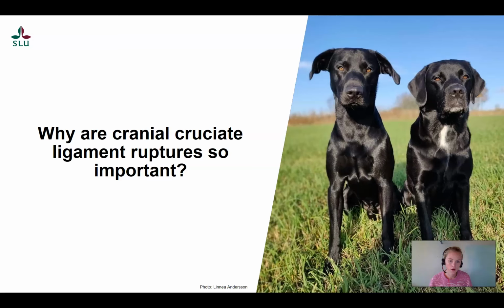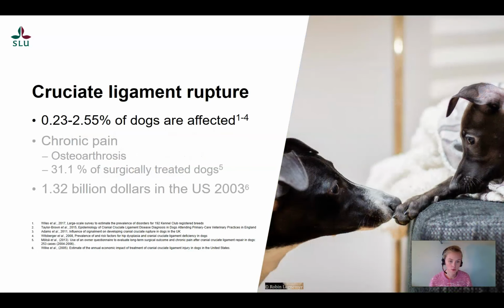So, why are cranial cruciate ligament ruptures so important? Well, it's quite a common disease. The estimates vary a little, but somewhere around 0.23 to 2.55% of all dogs are affected by this condition. It also quite frequently results in chronic pain because, as I said, osteoarthrosis is usually present in the joint when the ligament ruptures.